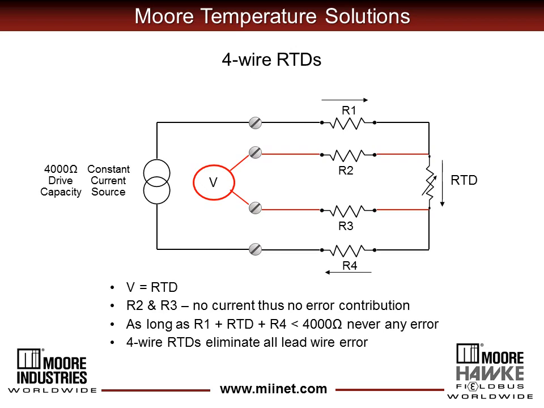Unlike with the 3-wire measurement, we never measure R1, we never measure R4, we don't have to subtract them, we don't give them an opportunity to create an imbalance, and therefore the resistance in the current carrying legs creates no error in a 4-wire RTD measurement.